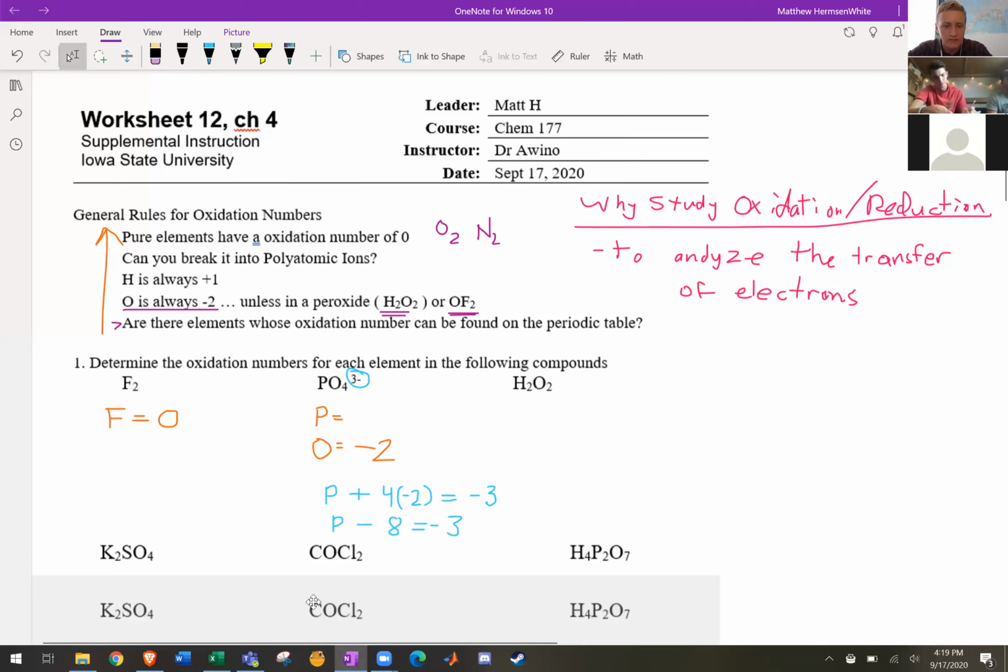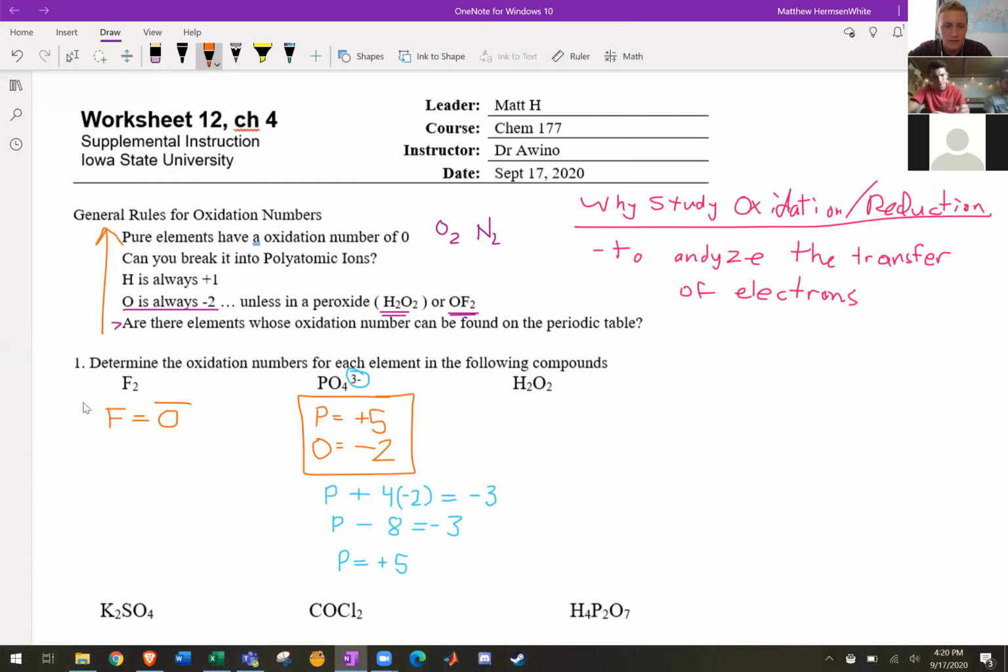And hopefully I can move this down. There we go. So the P is just representing the oxidation number on phosphorus. And then from here, we want to add 8 to the other side, so we get +5. So that means the oxidation number on the phosphorus is +5. I'll box all the answers to be a little more explicit. So for these cases, we have to use a little mini equation to find the charge.